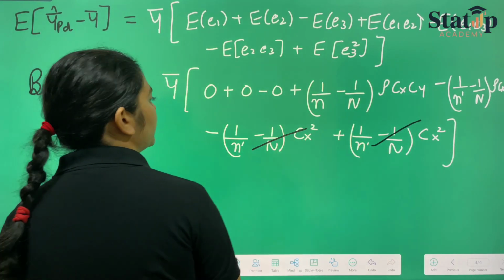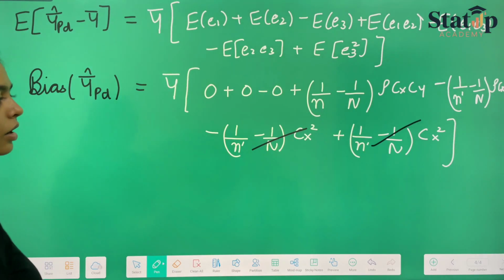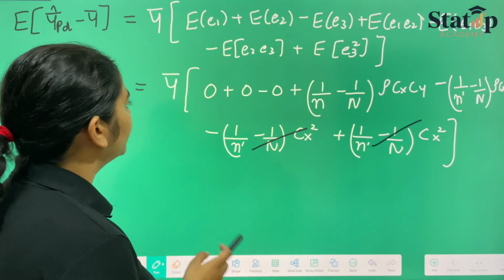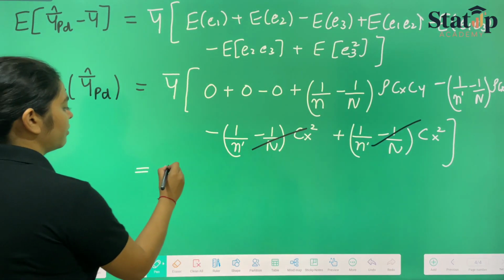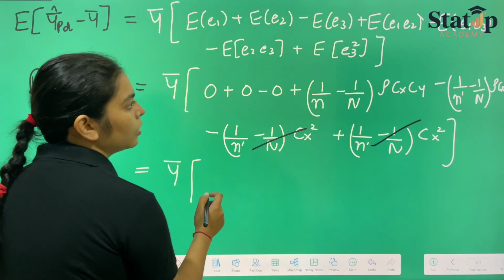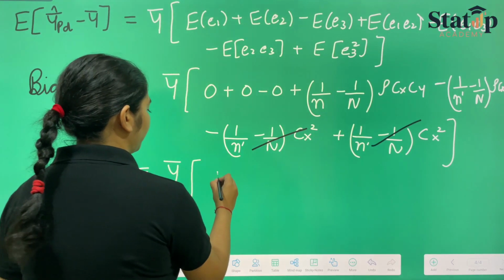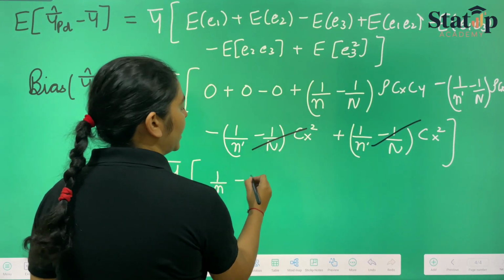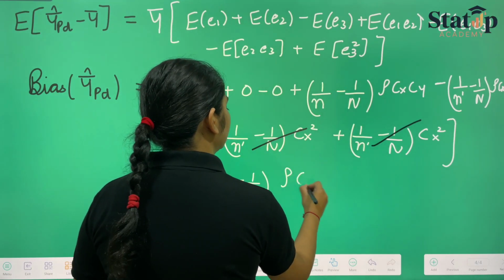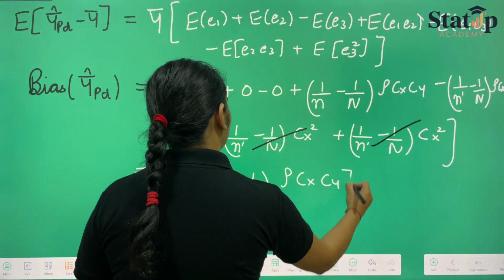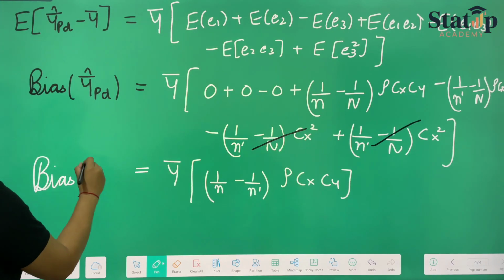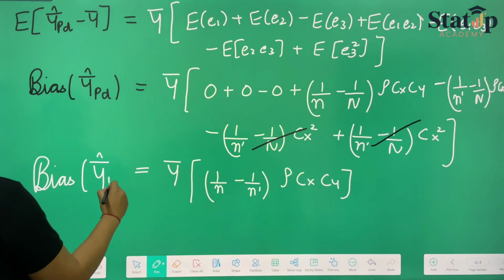These two are positive and negative of the same units, so they cancel, and now we are left with y bar into 1 upon n minus 1 upon n prime into rho Cx Cy. This is the value of bias of product estimator of double sampling.